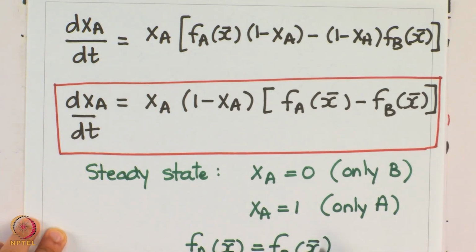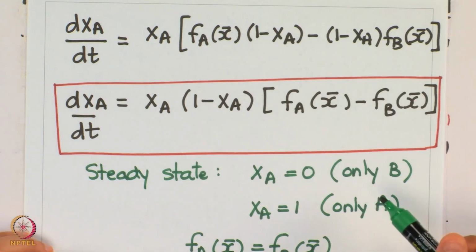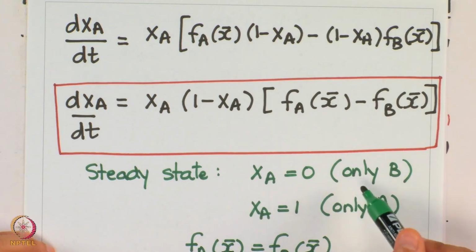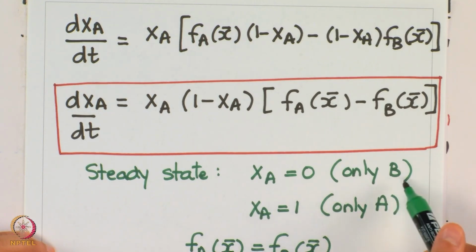What we mean by that is these are the two compositions of the environment where dx A by dt is equal to 0, but these are intuitive in the sense that x A equal to 0 is talking about the case where there is only B in the environment, and x A equal to 1 talks about the case where there is only A in the environment.